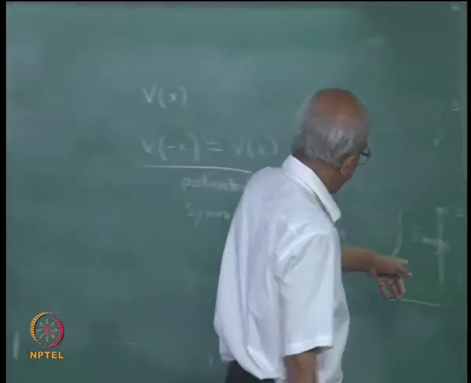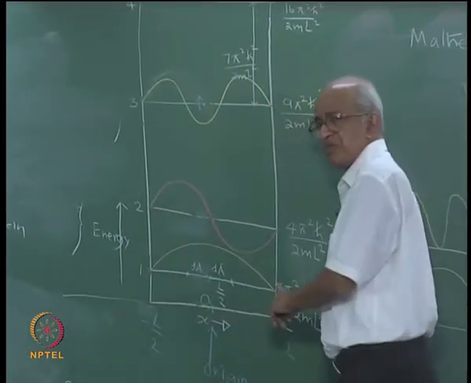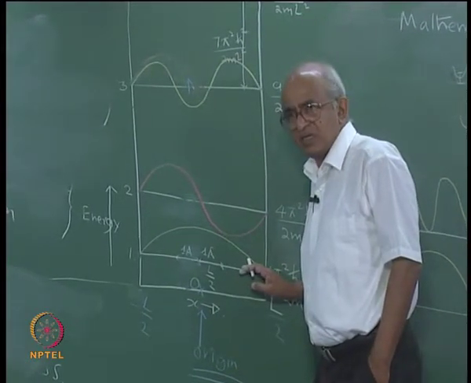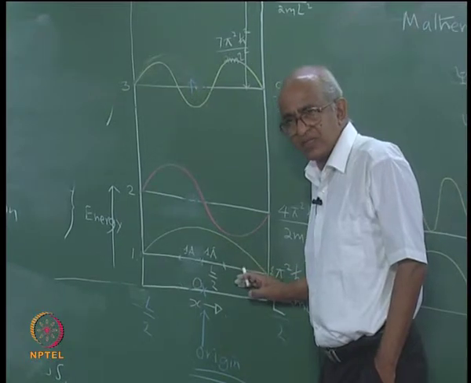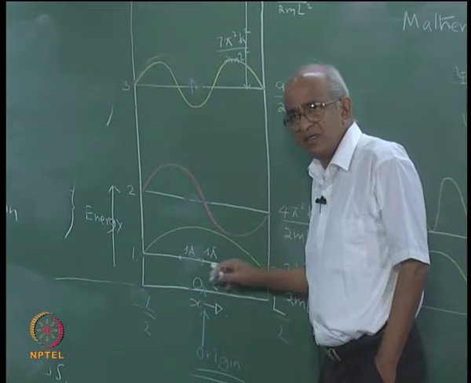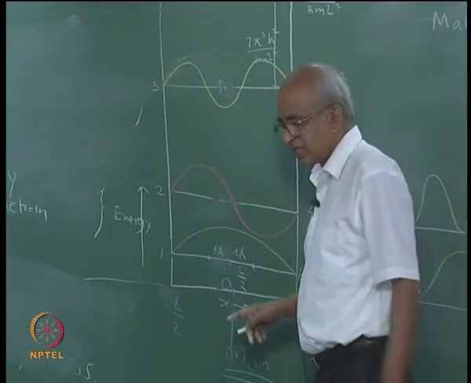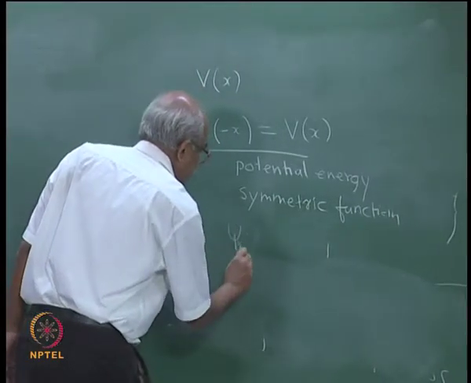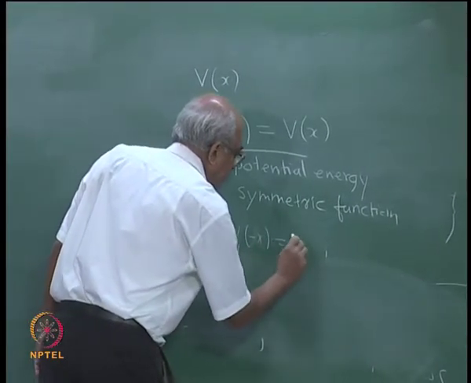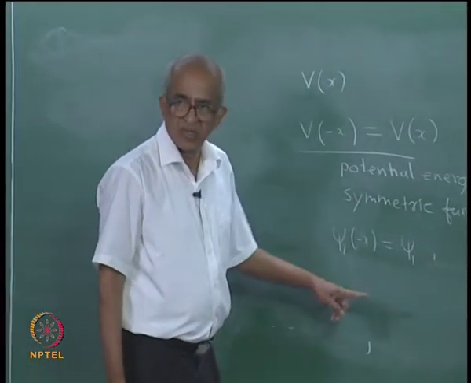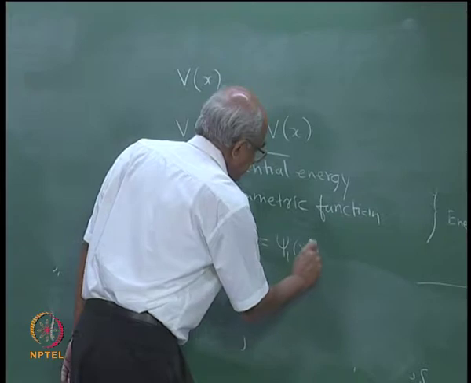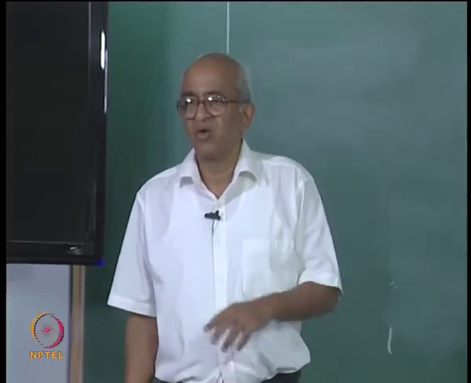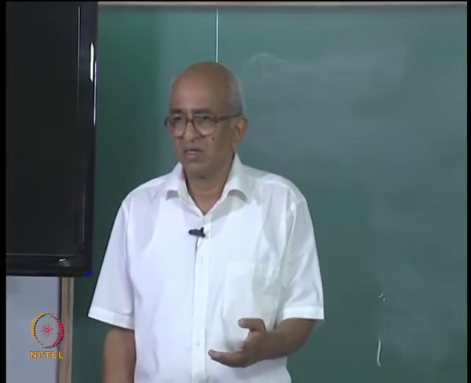As far as this yellow curve is concerned, it should be obvious to you that the wave function is the same at plus x as well as at minus x. So, for this state I can definitely say that psi 1 at minus x must be equal to psi 1 at plus x. So, this means that the wave function is a symmetric function of x or an even function of x, correct.